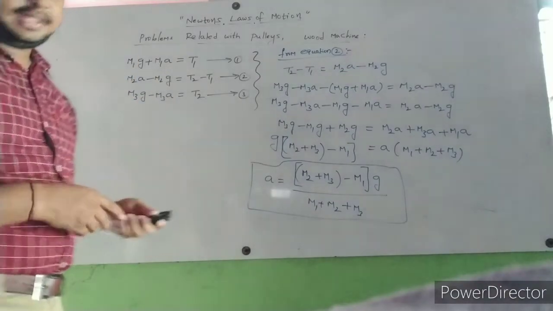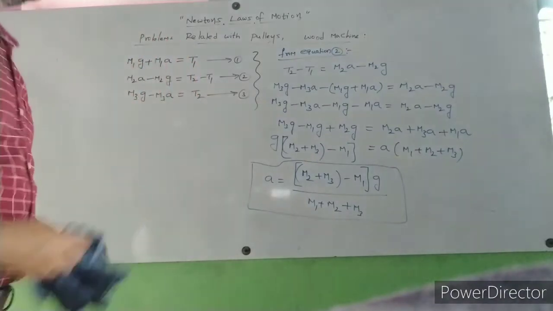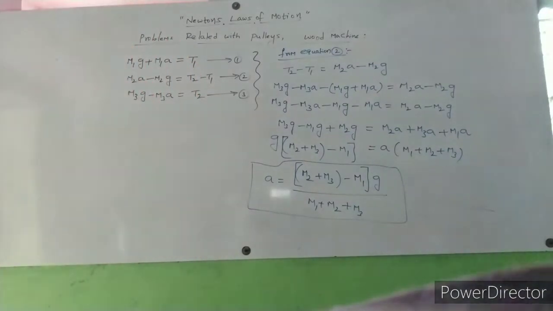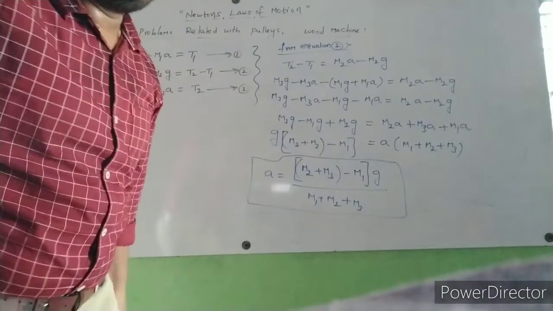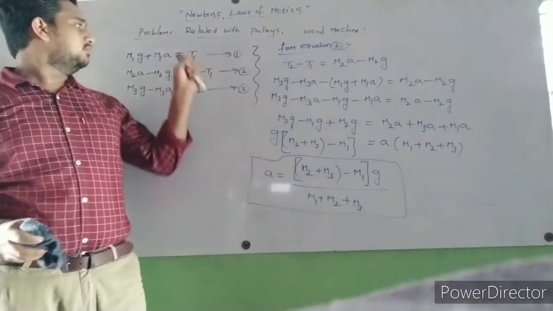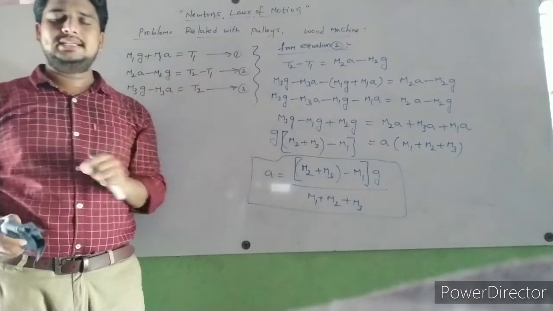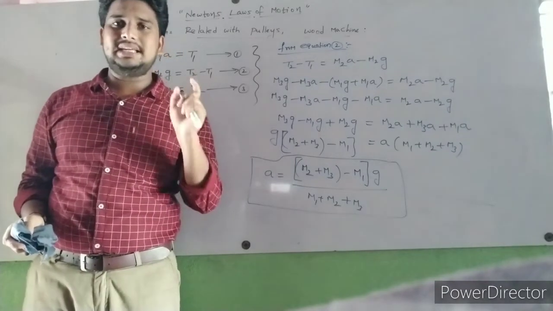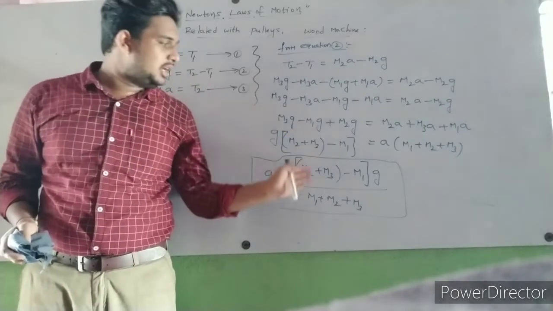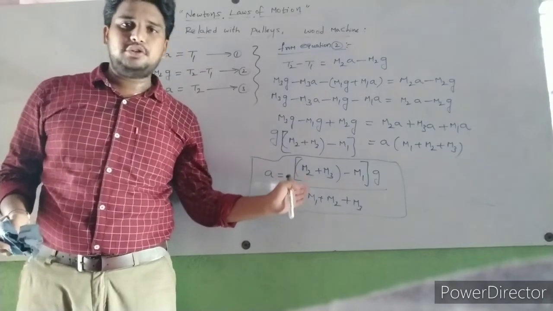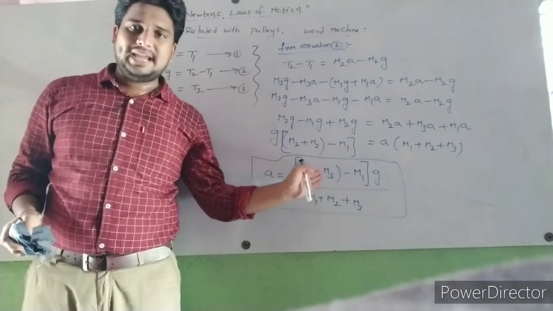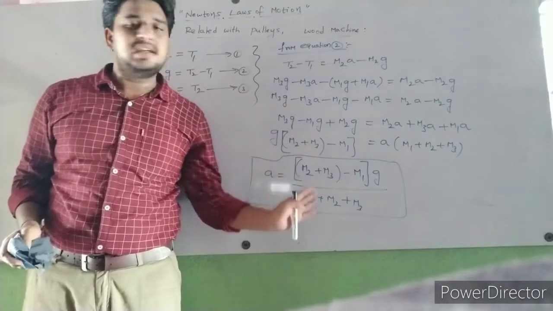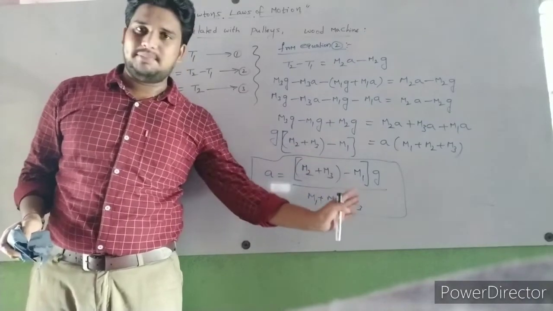So now I am finding this. From equations 1, 2 and 3, it is easy to find T1, T2 and acceleration. Already we got the acceleration value: M2 plus M3 minus M1 into G by M1 plus M2 plus M3.